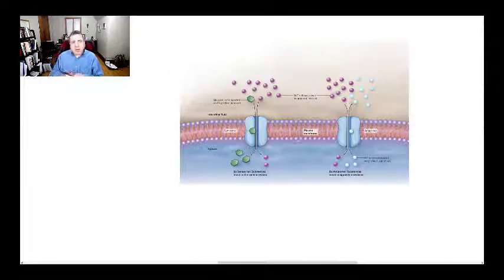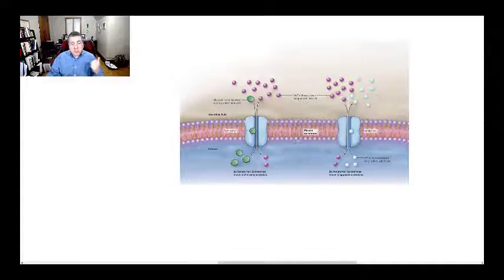Now remember, this is a secondary active transport method, meaning you have the passive movement of one substance, say sodium, through a channel that provides the energy. Remember, water going over the dam provides the energy, makes the electricity, and it allows another substance to be actively moved. Actively meaning requires ATP.